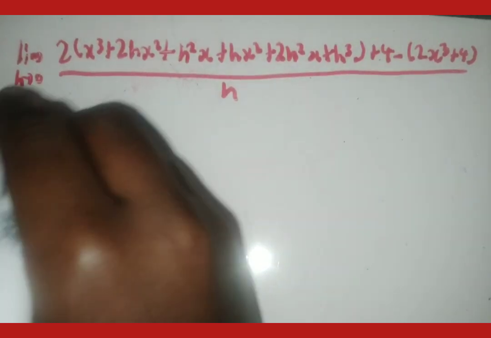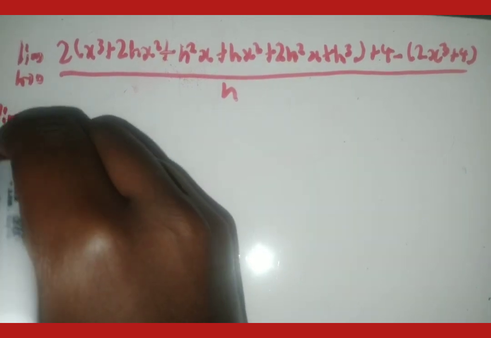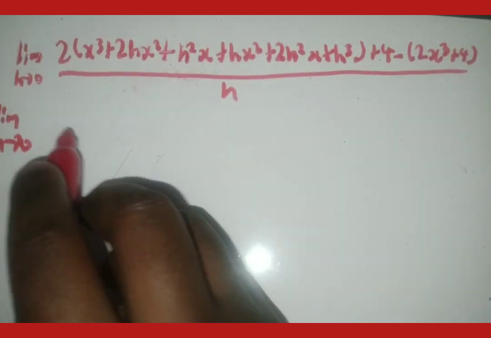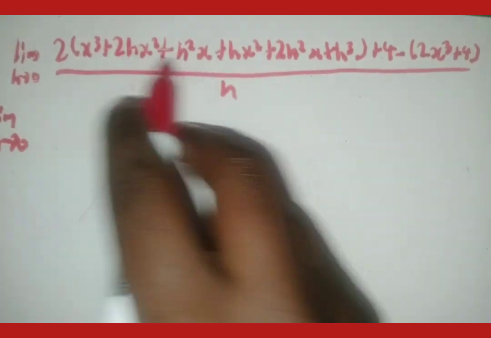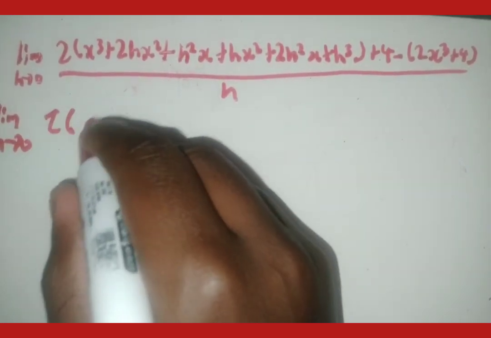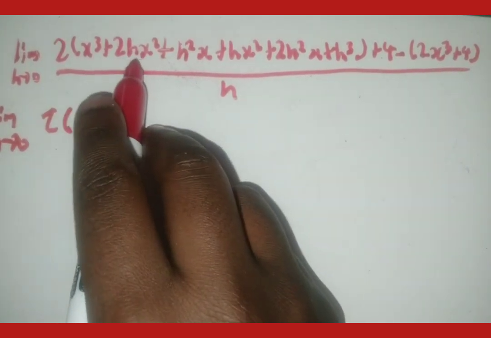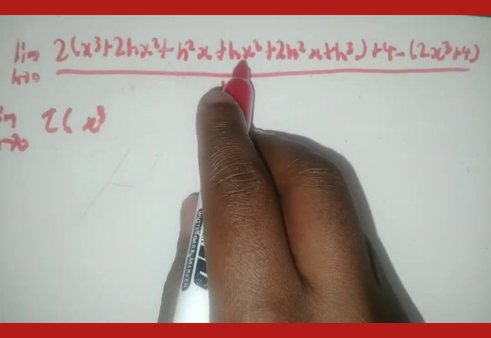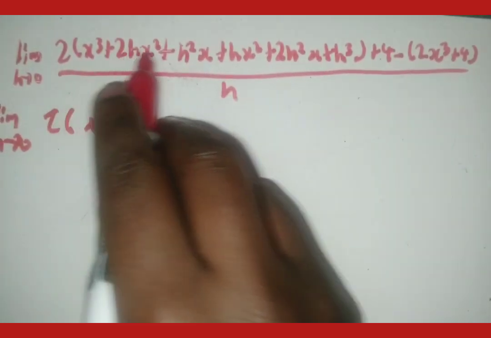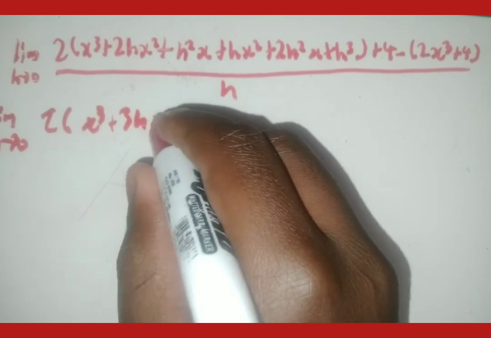Okay, so then let's go to the next step. So the next step, obviously, we'll say limit as h tends towards 0. So then we're going to distribute, but it's better to find like terms. Let's do the like terms inside. So obviously x cubed does not have its like term. And then hx squared and hx squared, you see the like terms. So it's just like 2x plus x, which becomes 3hx squared.